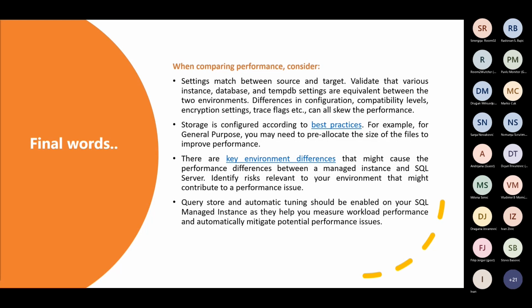There are key environment differences, like the feature gaps that I listed at the end. And Query Store and automatic tuning should be enabled on your SQL managed instance, as they help you measure workload performance and also help you automatically mitigate potential performance issues.